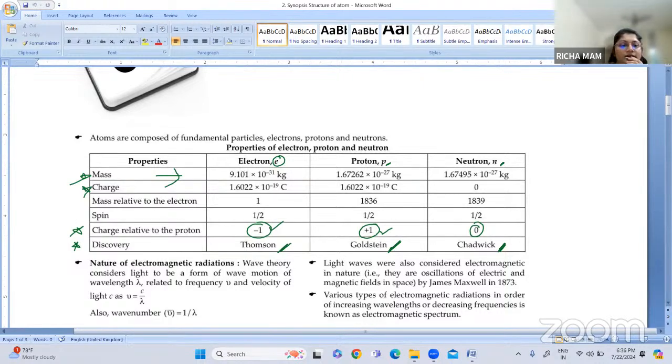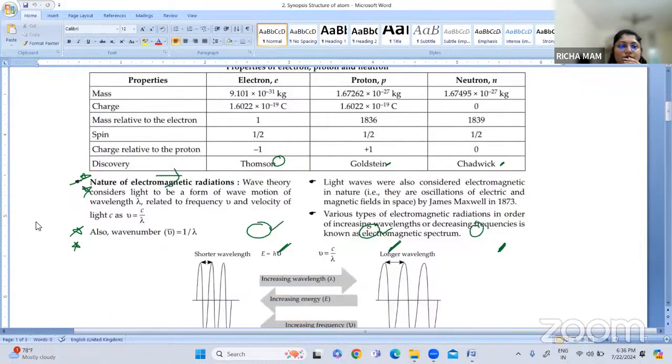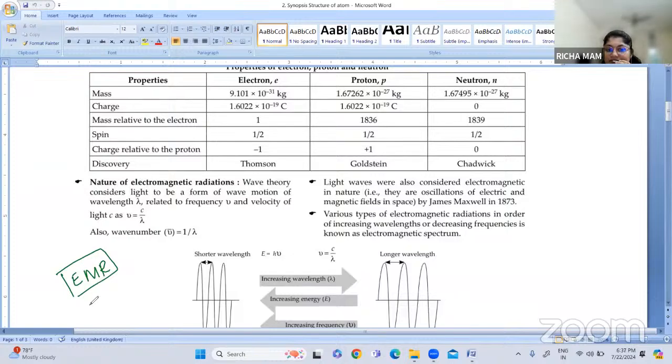So next, what are the points which we have to remember from this chapter? How we are going to consider the nature of electromagnetic radiation. You have studied something called EMR. EMR is nothing but electromagnetic radiation.